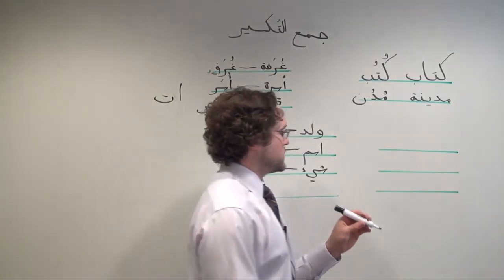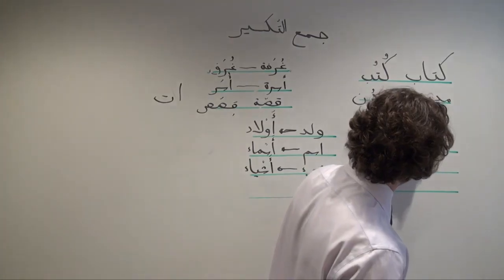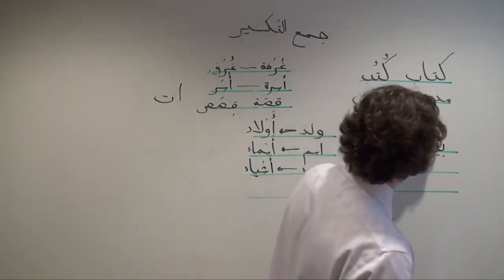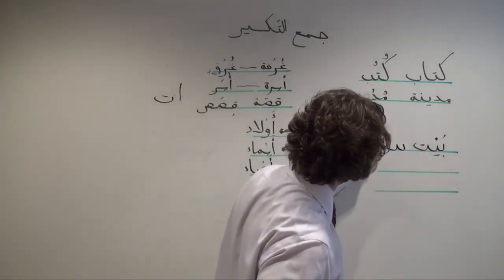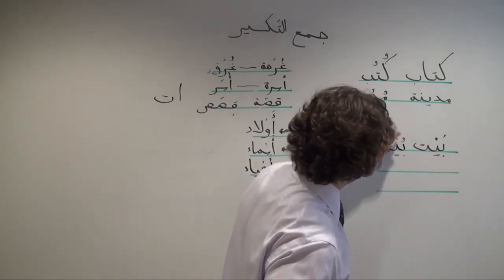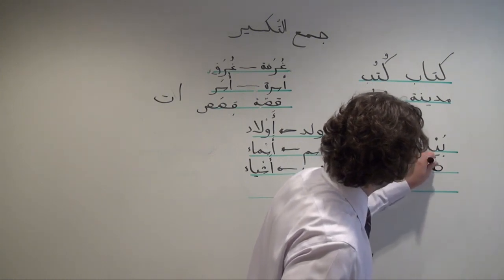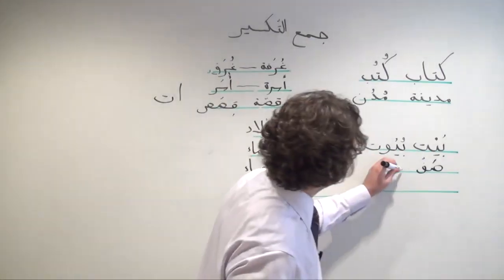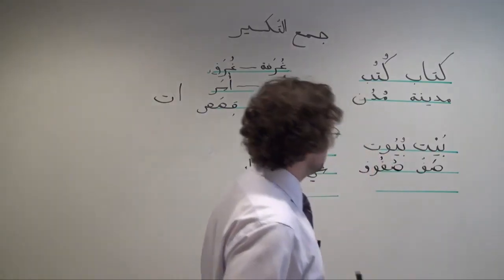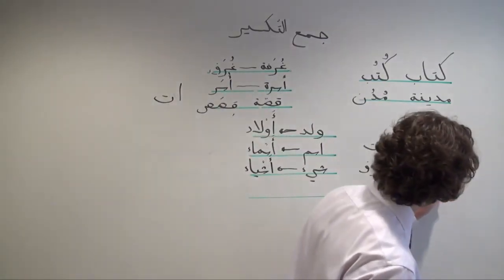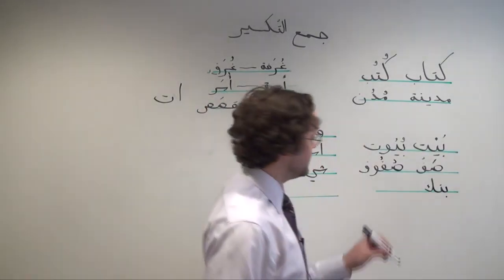Or one final group, just as an example. بيت, بيوت. صف, صفوف, or bank, as in bank in English.